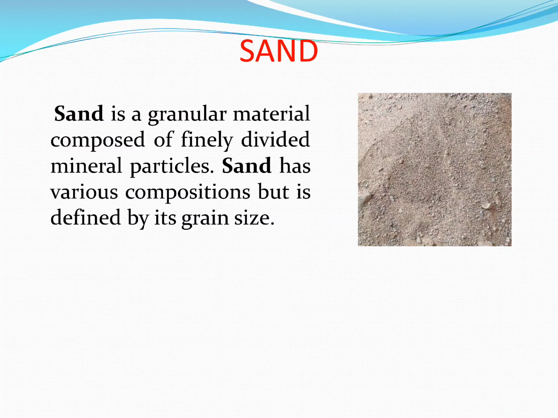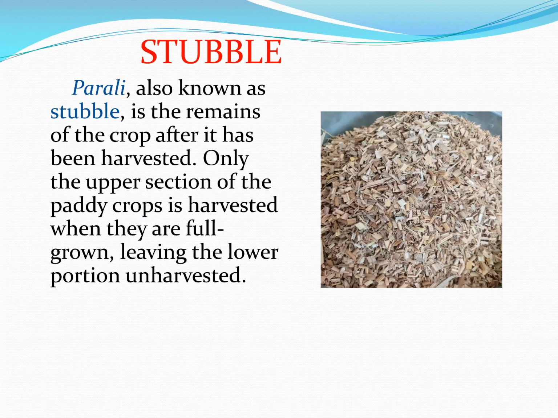Sand. Sand is a granular material composed of finely divided mineral particles. Sand has various compositions, but it is defined by its grain size. Stubble. Parali, also known as stubble, is the remains of the crop after it has been harvested.